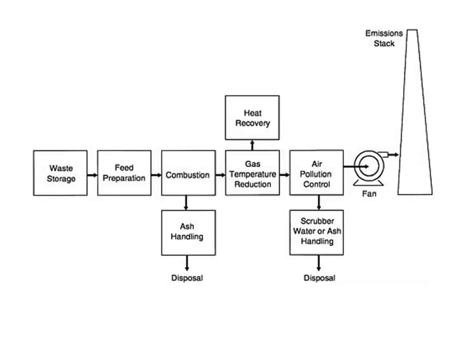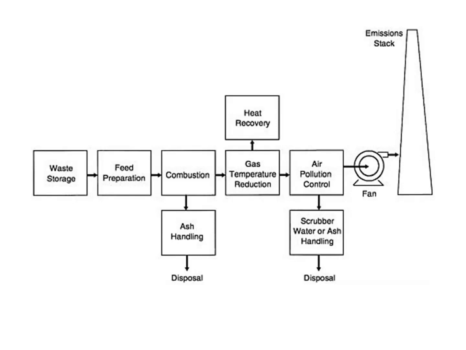Now, this is a flow chart: waste storage comes and is fed, and then there is combustion, burning, and the ash is handled and the air pollution is controlled, and then the filtered air is emitted in the air, and heat is recovered, and it can be used for power generation or for boilers, and that is it.